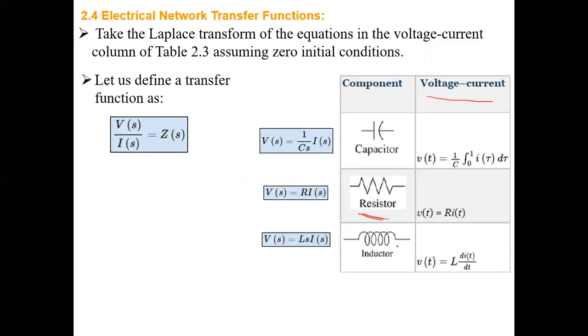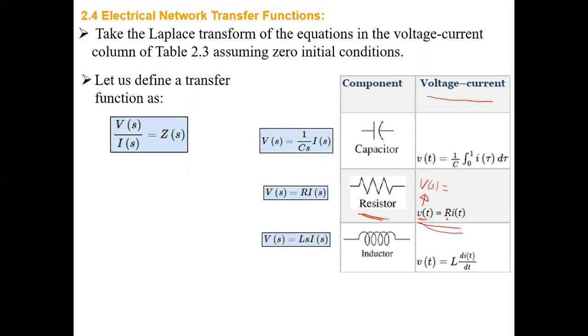What is the formula for voltage and current? v equals Ri. So how do you do the Laplace transform of v? Little v becomes big V, and t becomes s. That's the Laplace transform of the left-hand side.